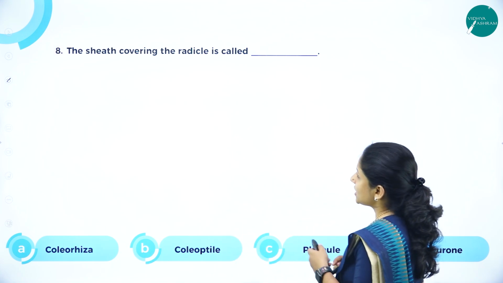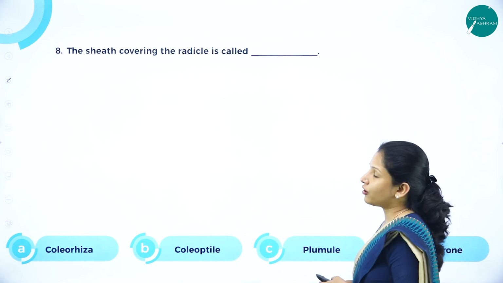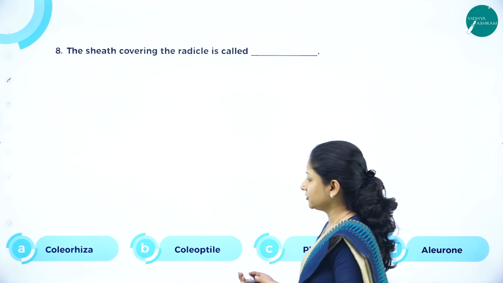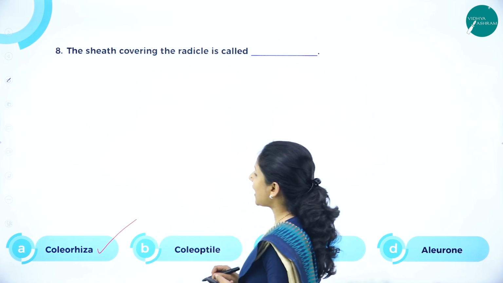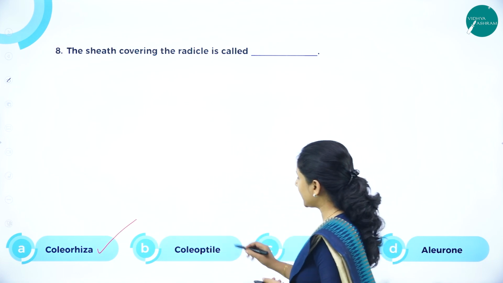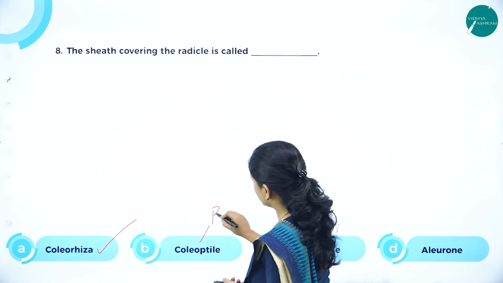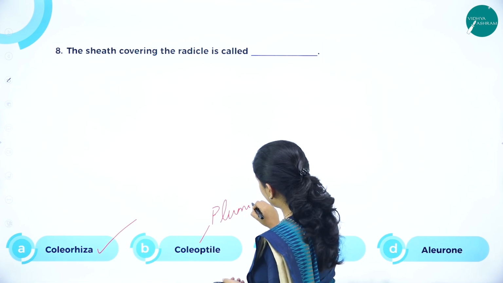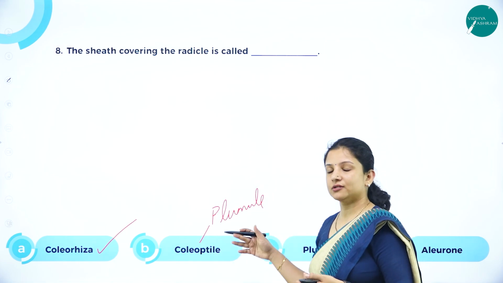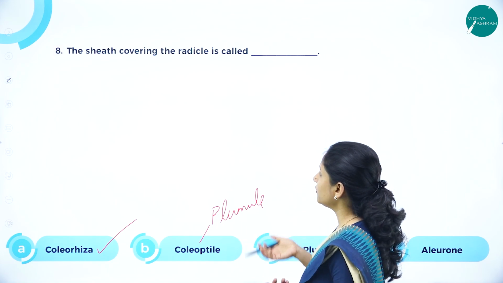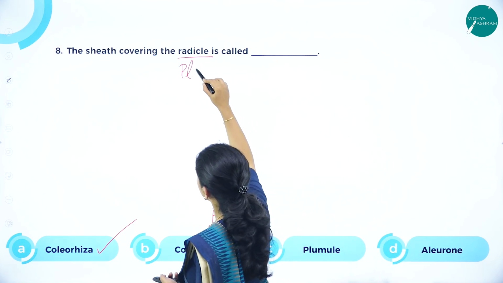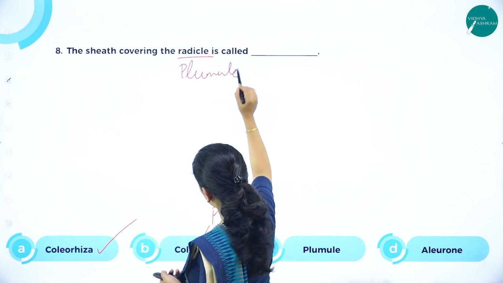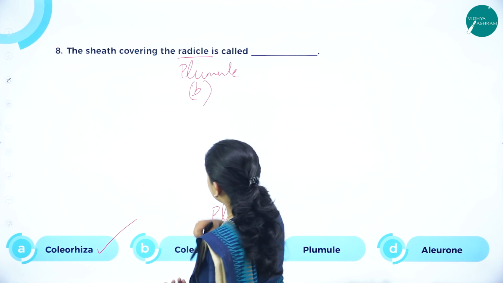Next question. The sheath covering the radicle is called coleorhiza. So, the right answer here is coleorhiza. Coleoptile is the sheath covering the plumule. So, the question can be framed this way also: the sheath covering the plumule. If it was that, the answer would be coleoptile.